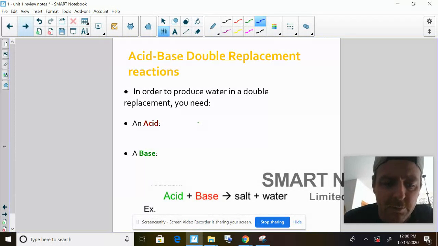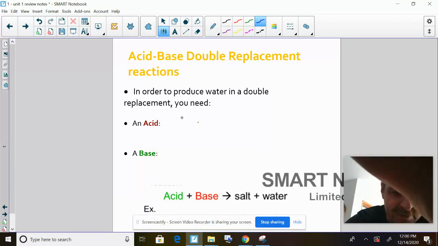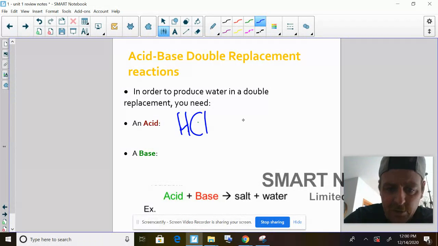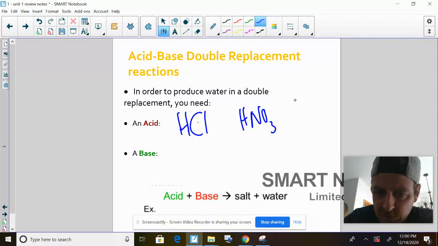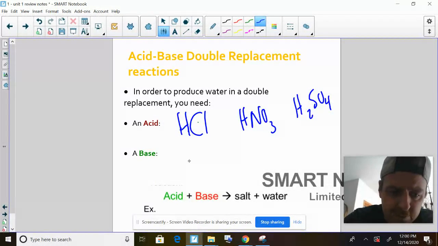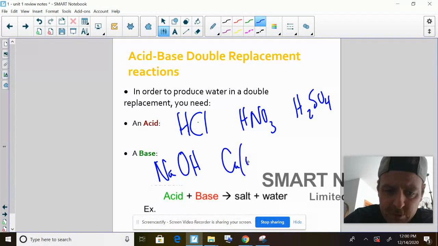Acid base reactions. It's an acid base double replacement. An acid, for our terms, has hydrogen in the front. An acid would be something like HCl, HNO3, H2SO4. A base has something with OH in the back, like sodium hydroxide or calcium hydroxide.